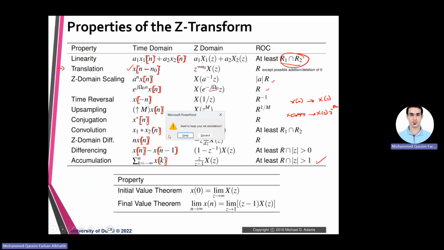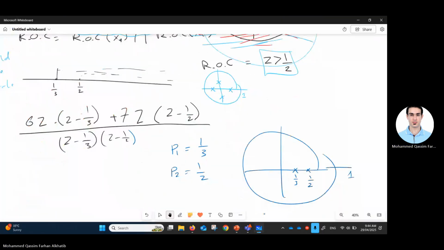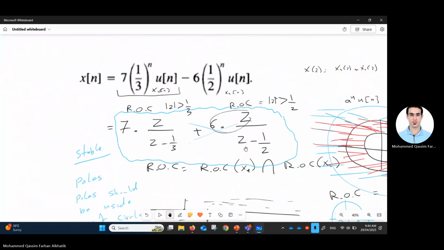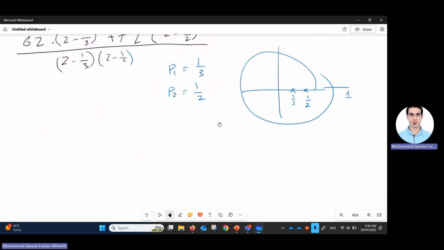To put it in practice, as a proper example, let me take one from my mind: 1 over 5 to the power n u of n.